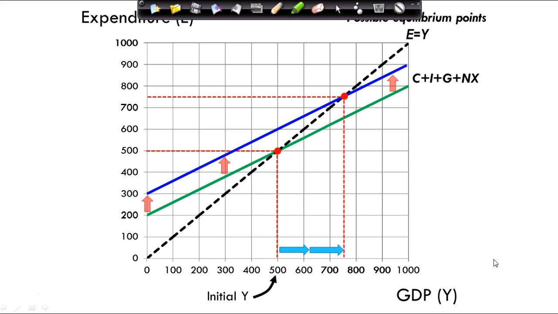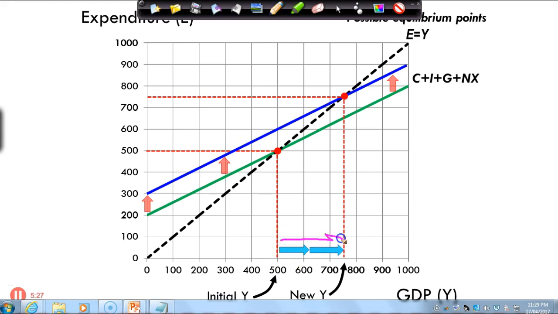Voila. So we have a new higher GDP and higher expenditure. All right, so we can see how a change in one of the autonomous components of expenditure can cause an increase in GDP, can cause what we can call economic growth to occur in the short run. So far, so good.